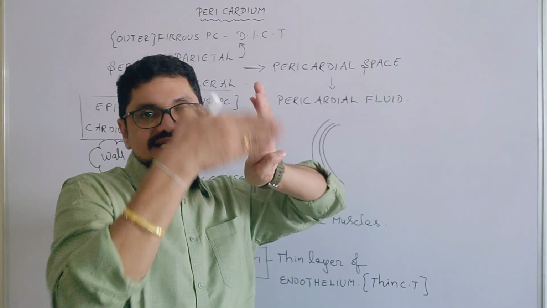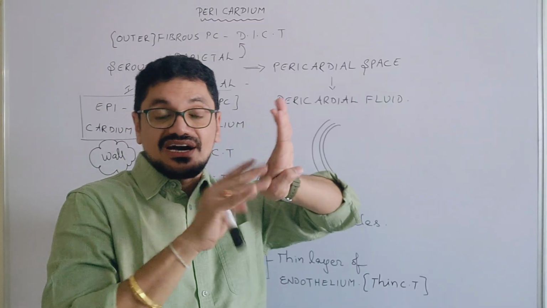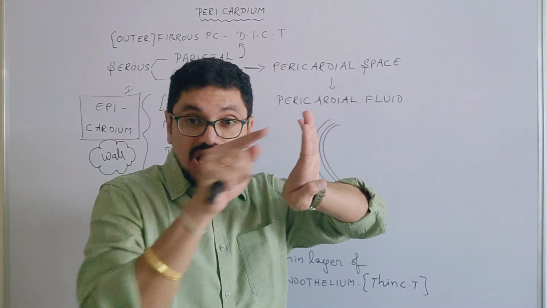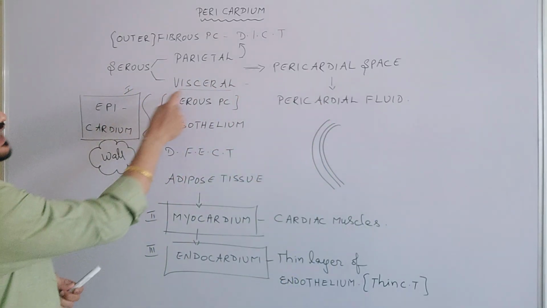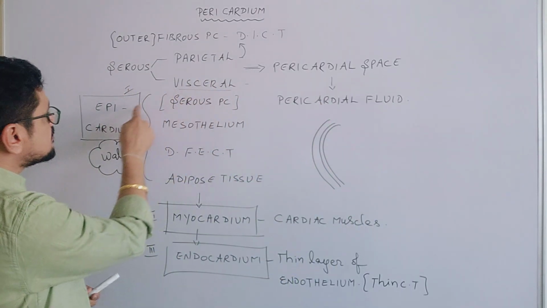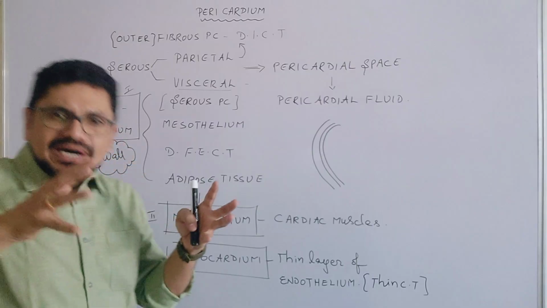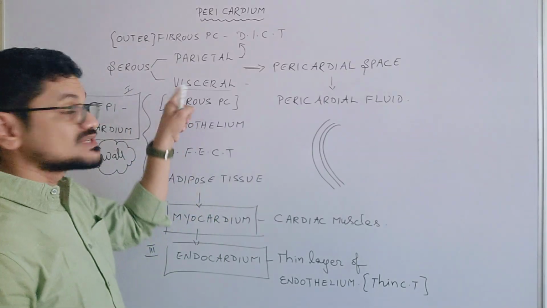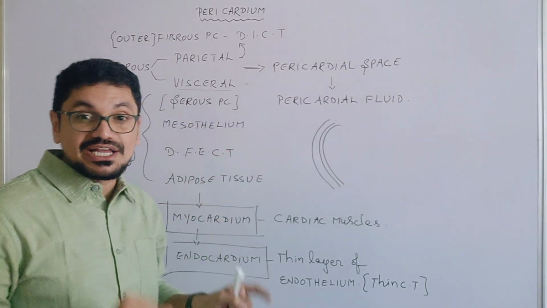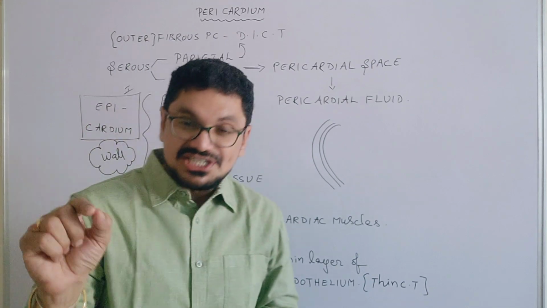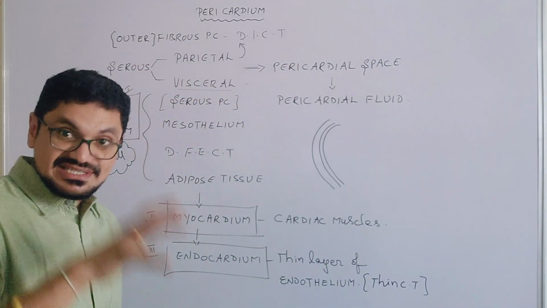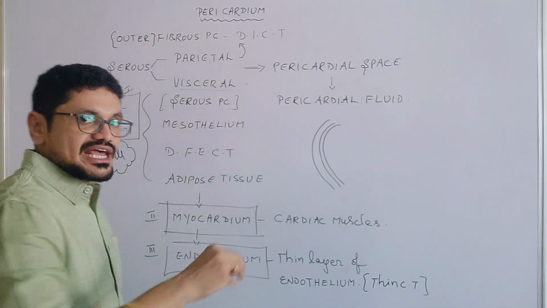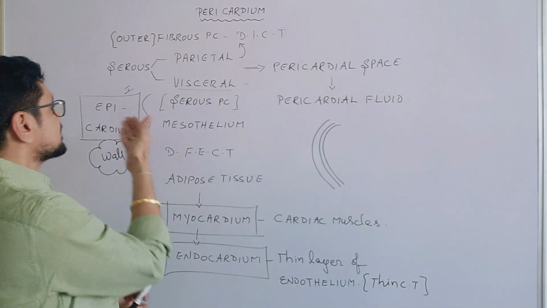If you observe the wall of the heart, it contains an outer layer called the epicardium. The visceral layer of the serous pericardium almost merges with the epicardium. That is the reason we cannot differentiate which one is the visceral layer of the serous pericardium and which is the epicardium. So we call the visceral layer of the serous pericardium itself the epicardium.